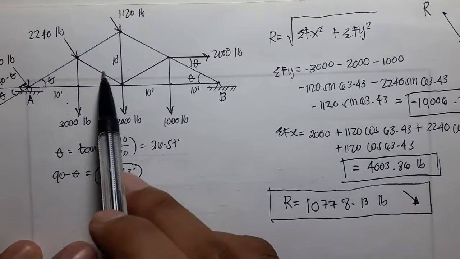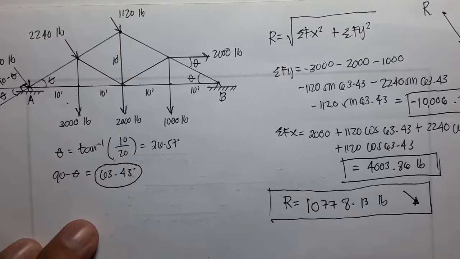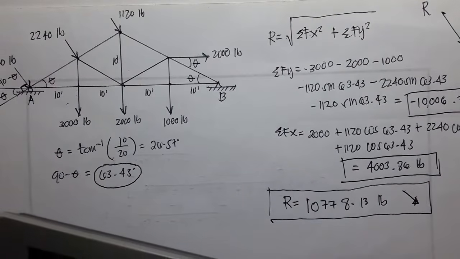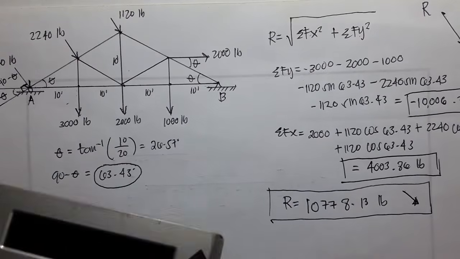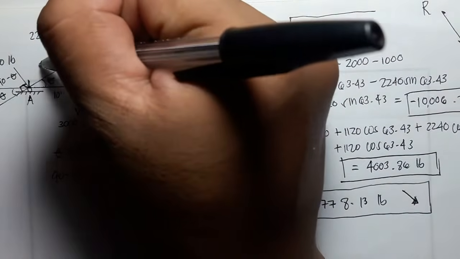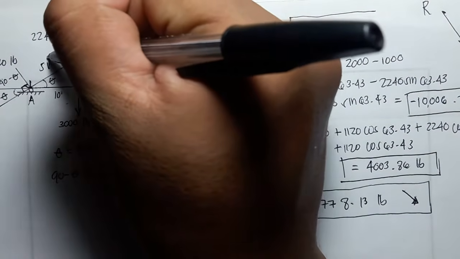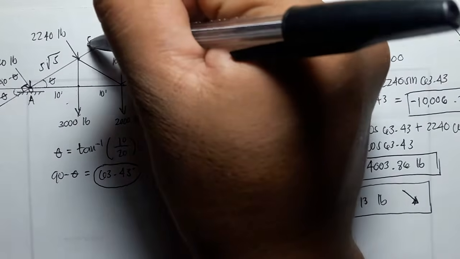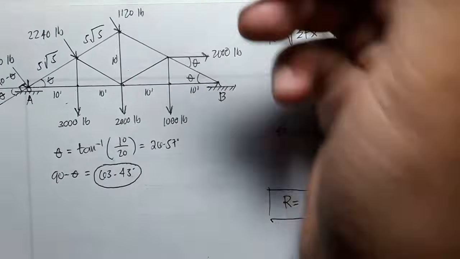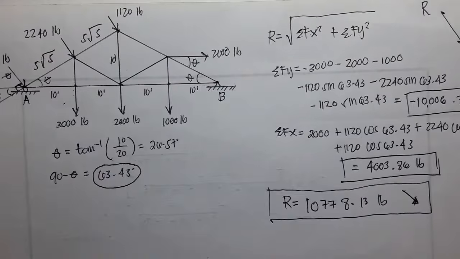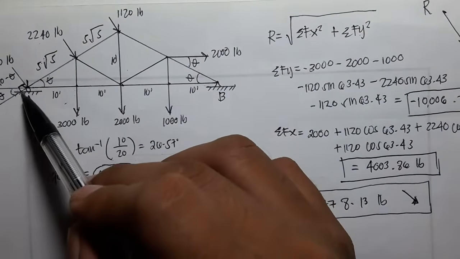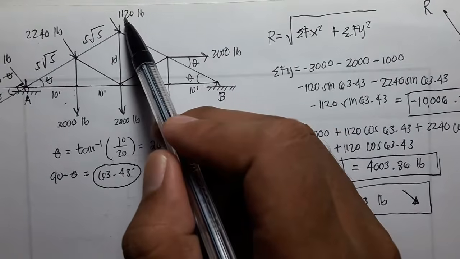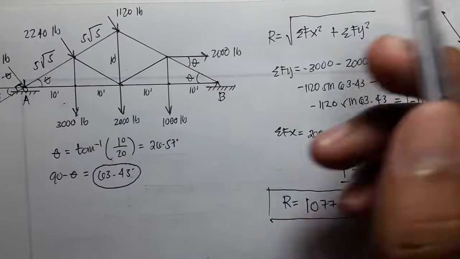The hypotenuse is the square root of 5 squared plus 10 squared. So this is 5 square root of 5, and also this is 5 square root of 5. This is our distance from this force to point A, and from this point to point A.